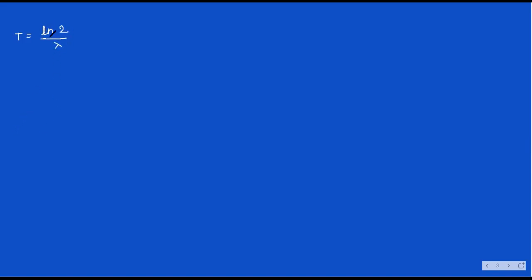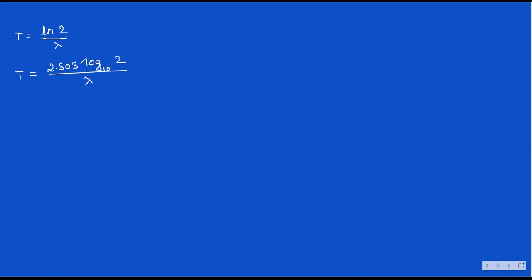Okay. Now this is log to the base e. I am converting to log to the base 10. So therefore T is equal to 2.303 log to the base 10 of 2 divided by lambda. Yes.